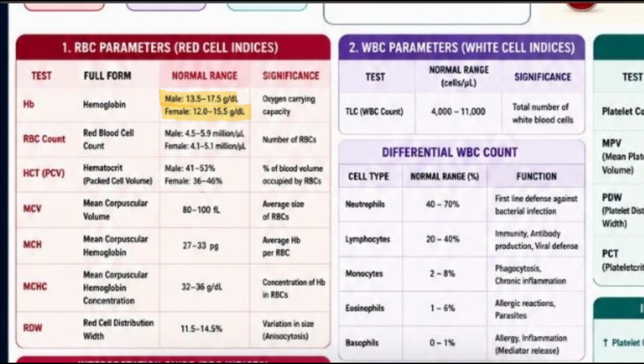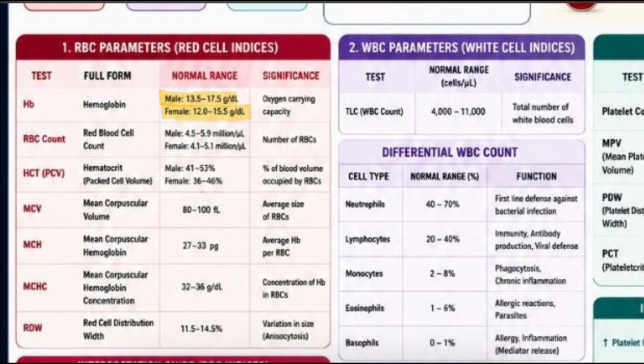The main function is that it carries oxygen. For interpretation, if the patient has low hemoglobin, we have to say the patient has anemia. If hemoglobin is high, we have to suspect polycythemia or dehydration.